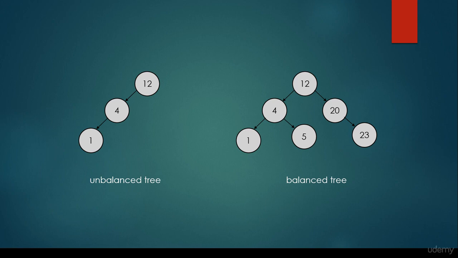Why is it good? Because for balanced trees, the operation's running time will be favorable, will be logarithmic. For an unbalanced tree, we can end up with O(n) linear time complexity, and basically we have been talking about linear time complexities with linked lists, so we don't want to end up with a data structure that has the same running time as the linked list.